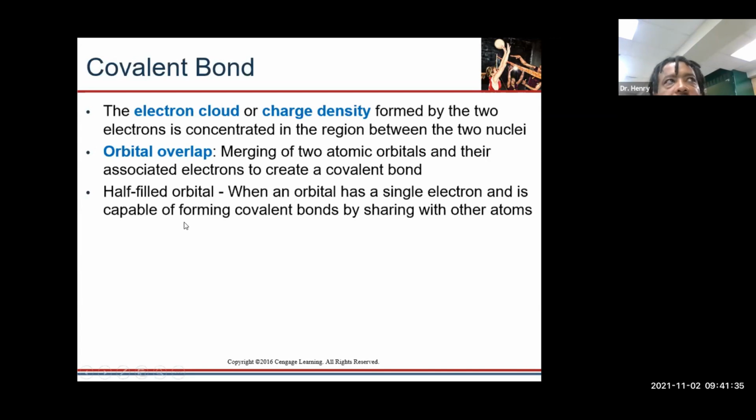If you have half-full orbitals with just a single electron in them, because each orbital can hold 2 electrons, you can actually share electrons, and you could end up having electrons from another atom that will form that bond. And so you're actually sharing the electrons by orbiting both of the atoms.